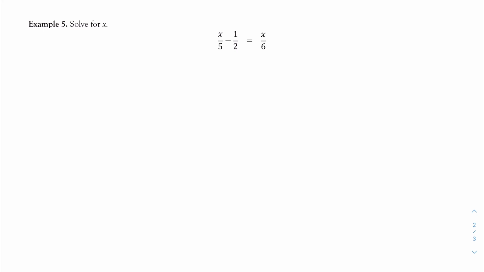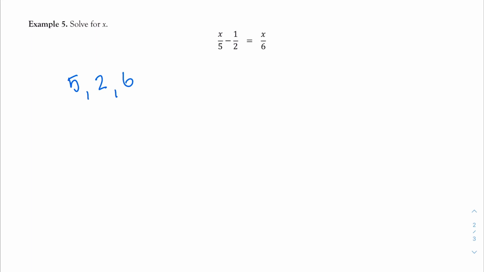Remember, step 1 said if I have fractions, I'm going to go ahead and multiply by the least common denominator. Well, let's look at our denominators here. Between these 3 fractions, I have a denominator of 5, 2, and 6.